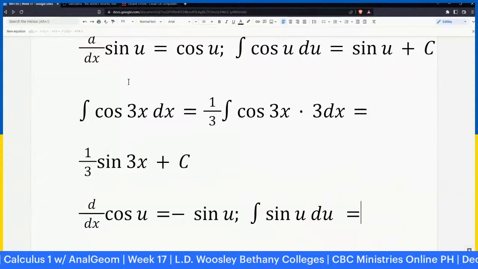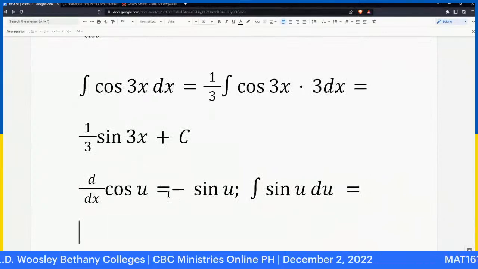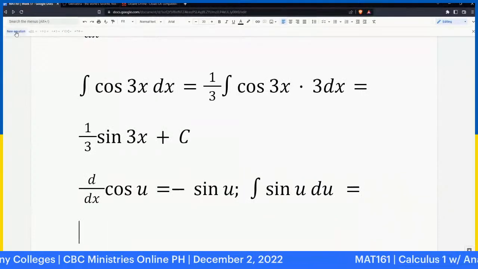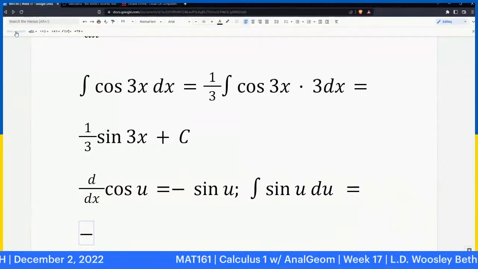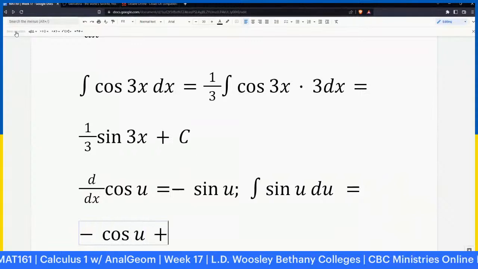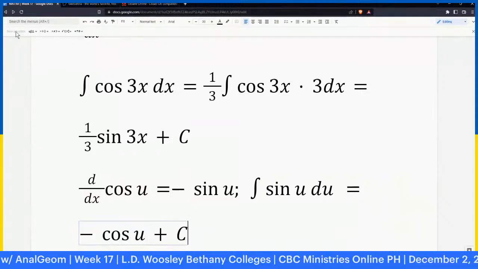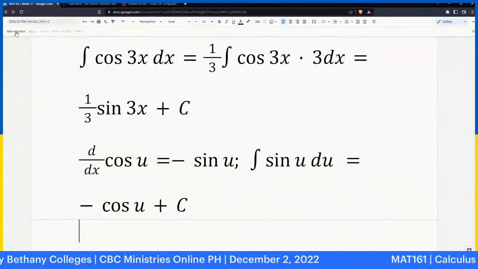Siyempre, base formula kasi ito eh. So we don't have negatives. Now, but the reflection of negative will be on the answer. So the integral of sin u du would be negative cosine u plus c. Okay? So, sige. Let's have another example here.